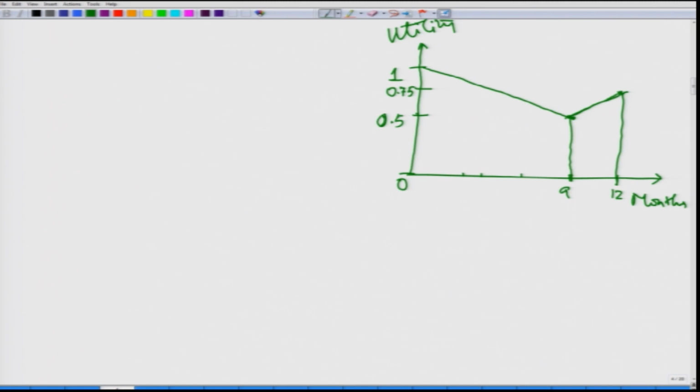So when we try to estimate QUALY for this example, we estimate it like this. Any time during 0 to 9 months, what is my average QUALY? I mean average utility.